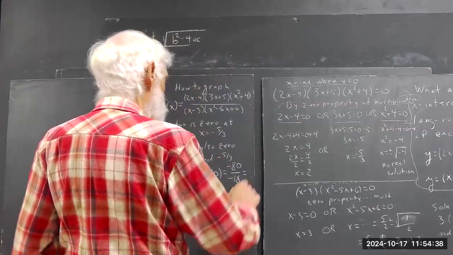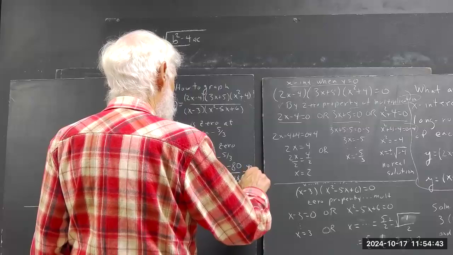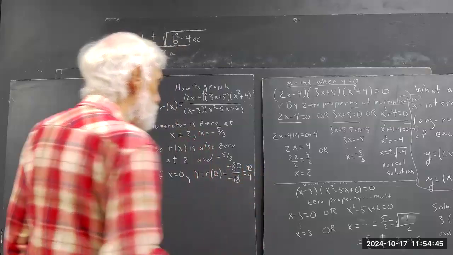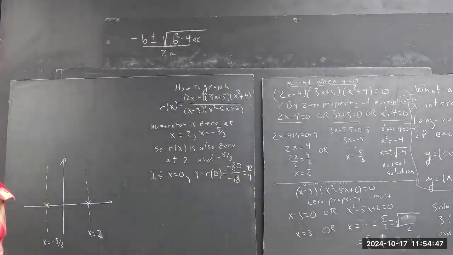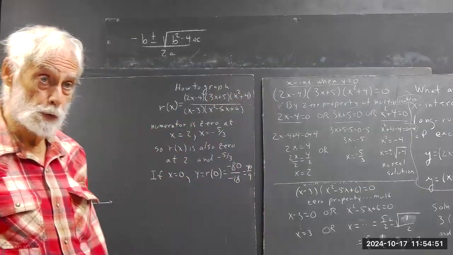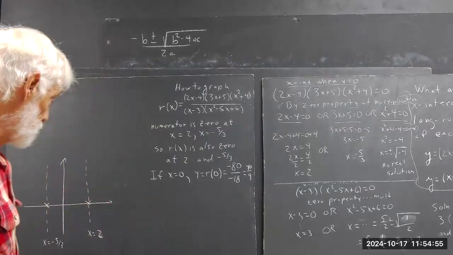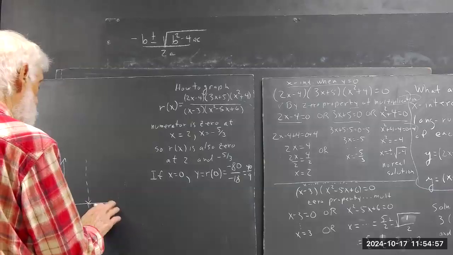Now that reduces a little bit to 40/9, which is between 4 and 5. 4 times 9 is 36, 5 times 9 is 45, about halfway between 4 and 5, a little less than halfway.